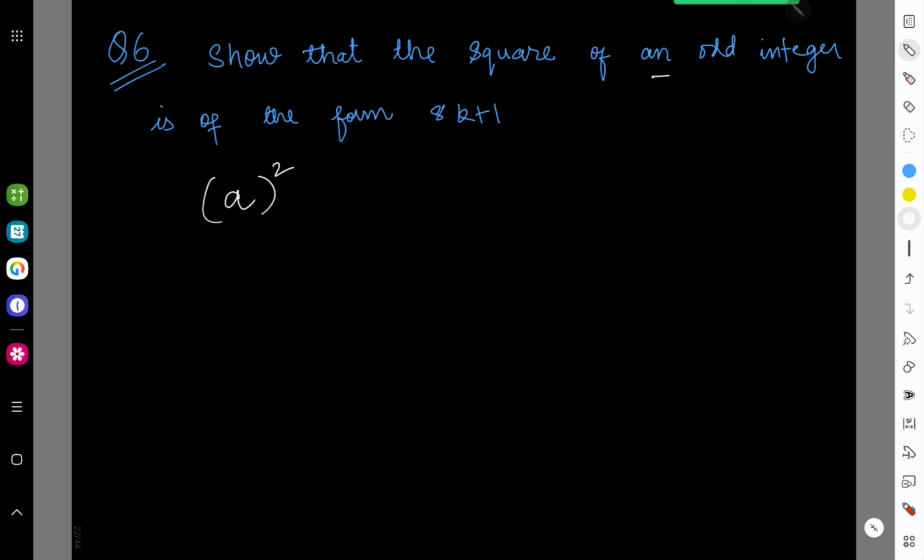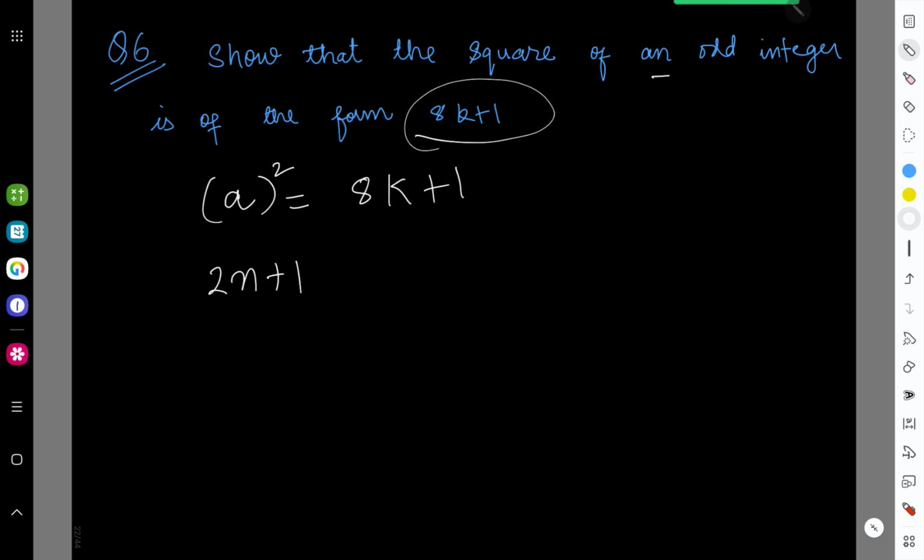So if we consider a as our odd integer, then we have to solve for a square, that is the square of our odd integer, and we have to show that this can be expressed in the form of 8k plus 1. Like I said in the previous slide, I've shown you how to express an odd integer: 2n plus 1.